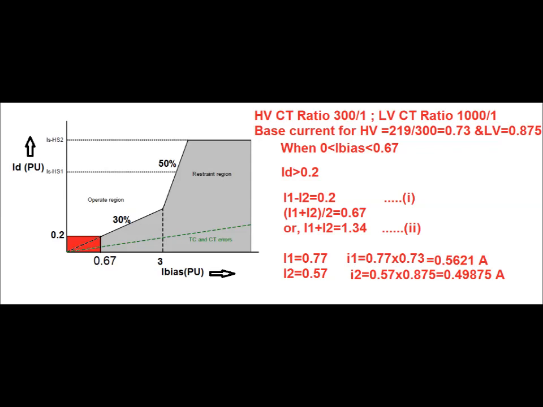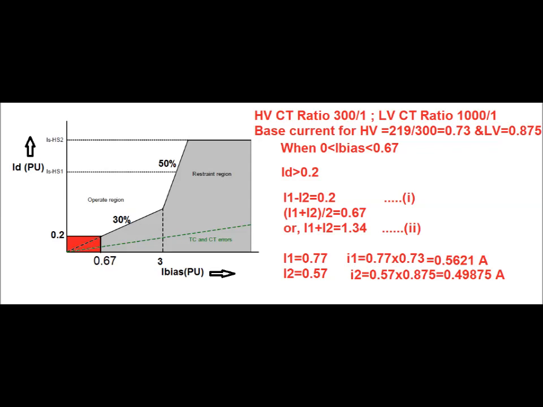Therefore (I1 plus I2) by 2 is equal to 0.67 and I1 minus I2 is equal to 0.2. From there we can calculate the per unit current in the HV side is 0.77 and I2, that is in the LV side, is 0.57.